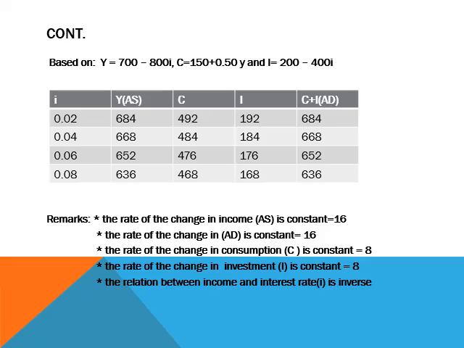I also should be substituted in the function of investment. I equals 200 negative 400 multiplied by 0.4. It is 184. The summation of C plus I equals 668, which is equal to income.